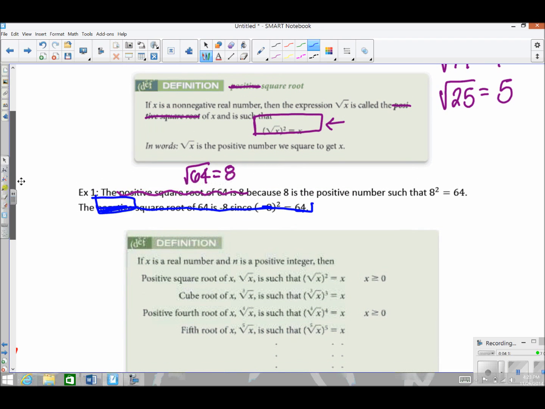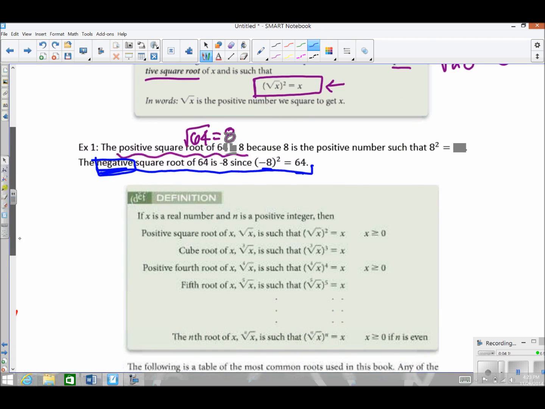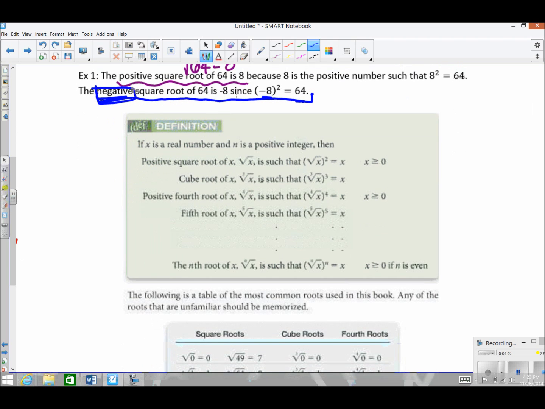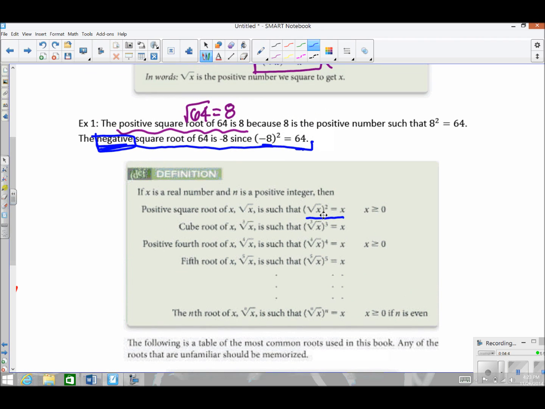This next definition here is just kind of elaborating on the previous one, but we're just applying these different roots to different powers or different numbers. So if I want to find the positive square root, that means what number do you have to square to get the number underneath the square root?